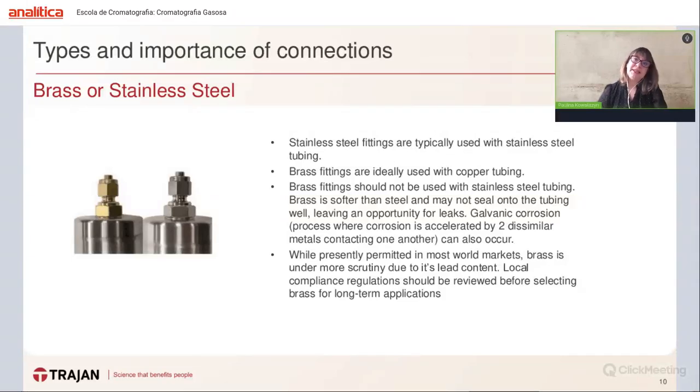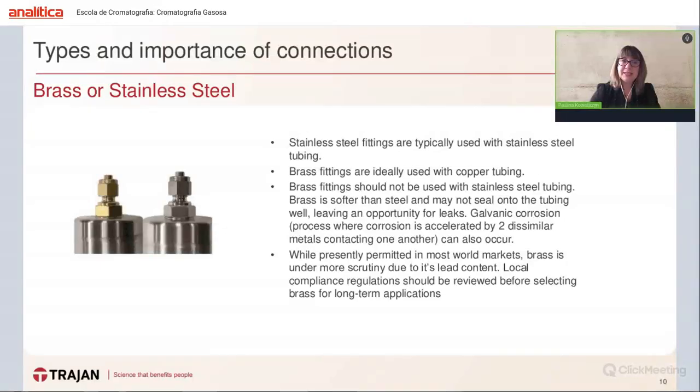Then we can have fittings with different materials. I'm mentioning this here due to different suitability of different materials for different gas lines, as well as for your awareness that globally we are facing an increased number of regulations which are limiting the lead content in the brass, so the brass fittings will be less and less available on the market, and we will be making a shift toward the stainless steel fittings completely.